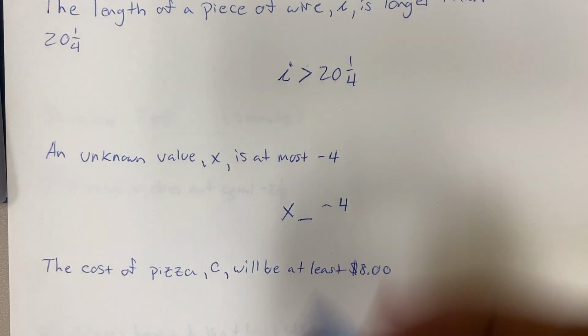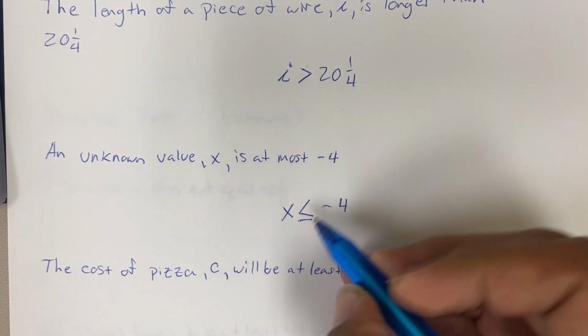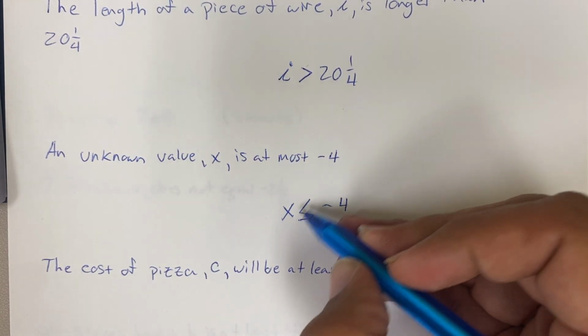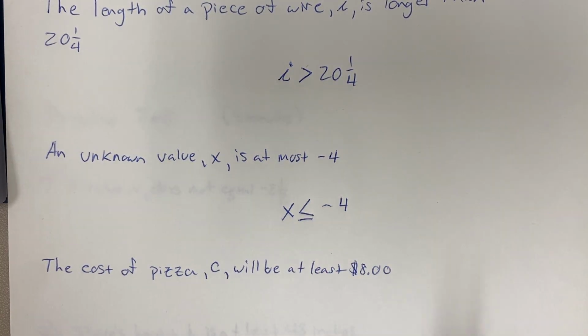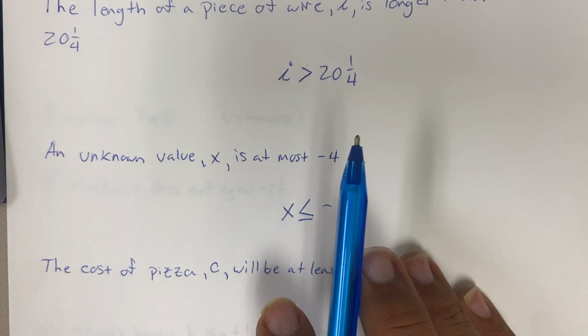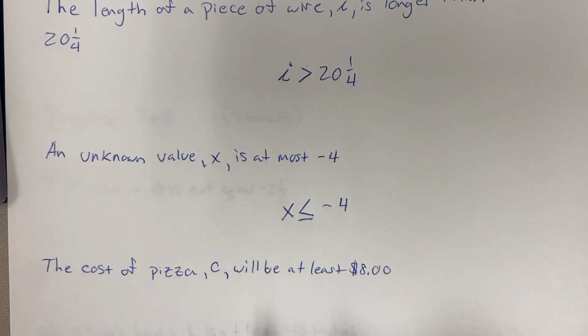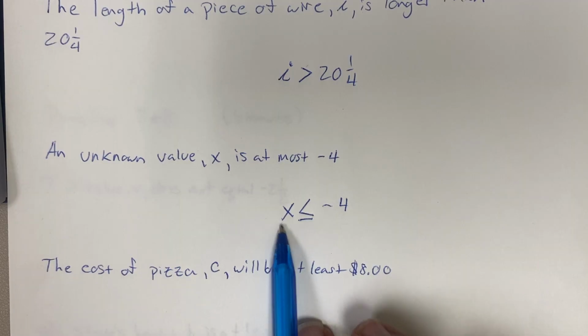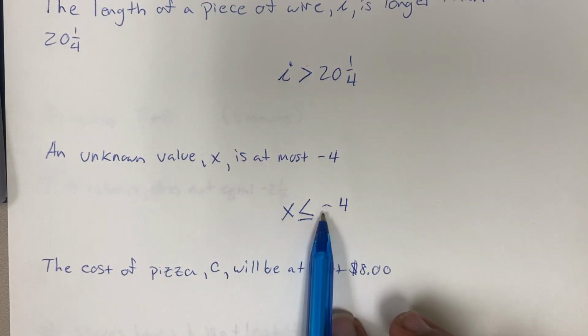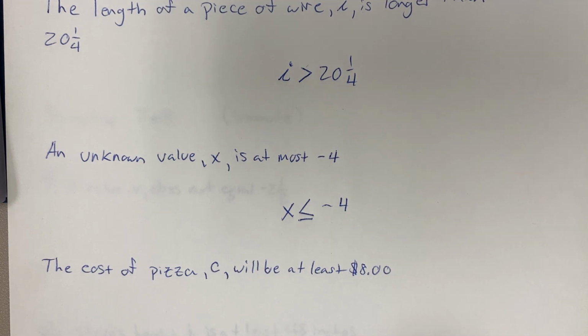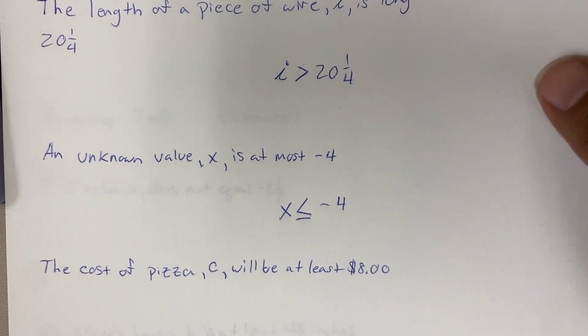So x is less than or equal to -4. I know it says most, and you're putting a less than sign, so it's slightly confusing, but this is the largest number it can be. So every possible value of x is less than or equal to -4, and that's the inequality that comes from that.